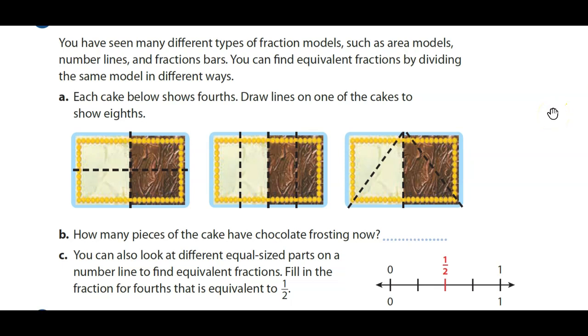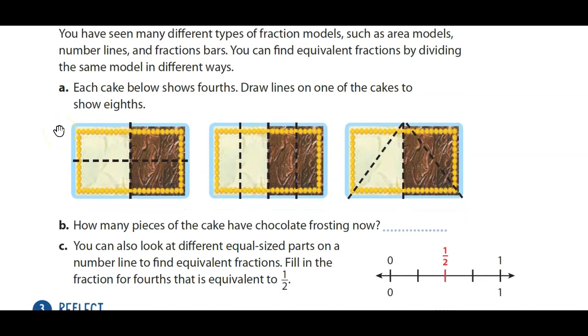You have seen many different types of fraction models, such as area models, number lines, and fraction bars. You can find equivalent fractions by dividing the same model in different ways. Okay, so look what they have. They divided the first model like this.